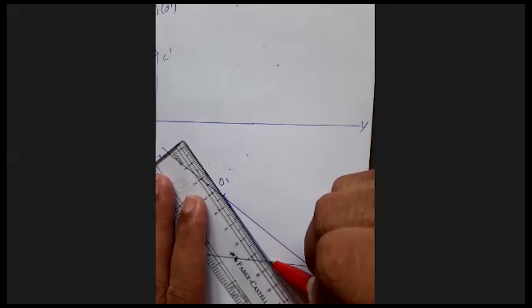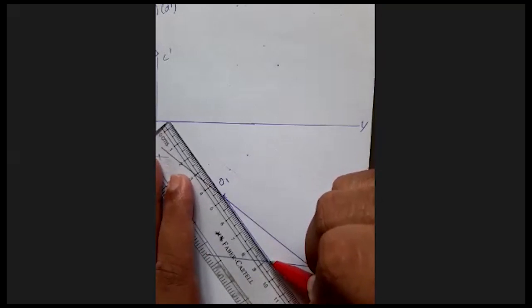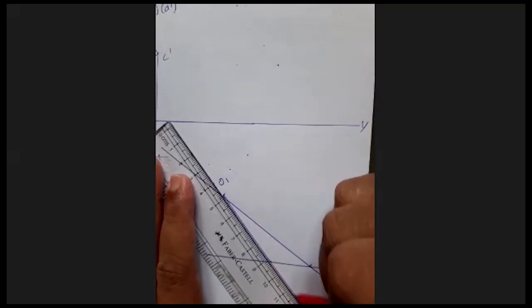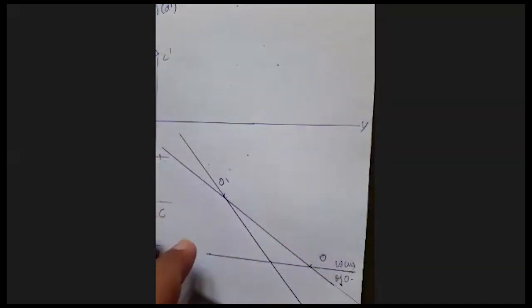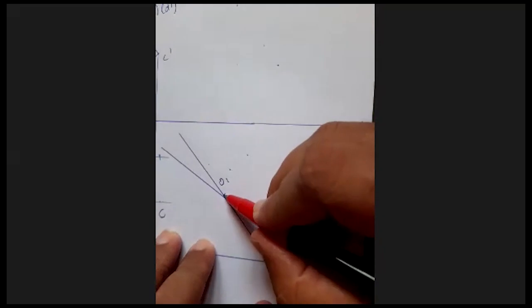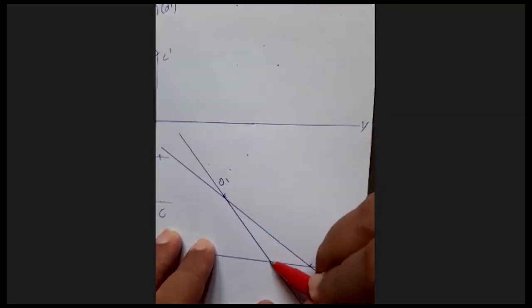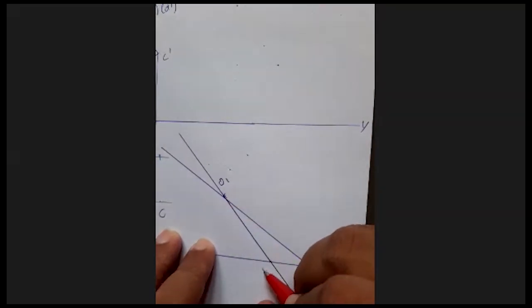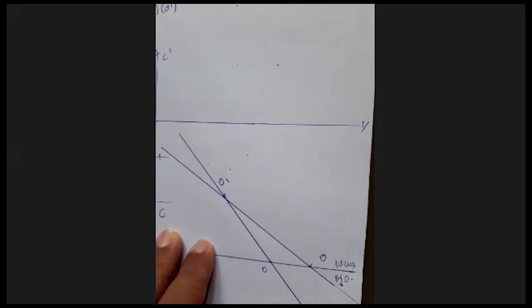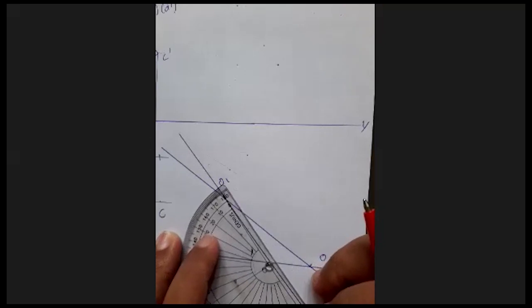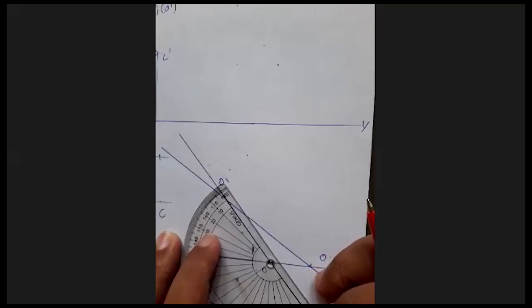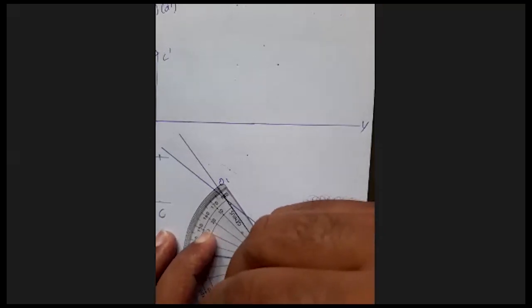I'm just going to extend this line in such a way that this point is O1 and this point is my new point O. Now for this line, I'm going to draw a new 90-degree line.